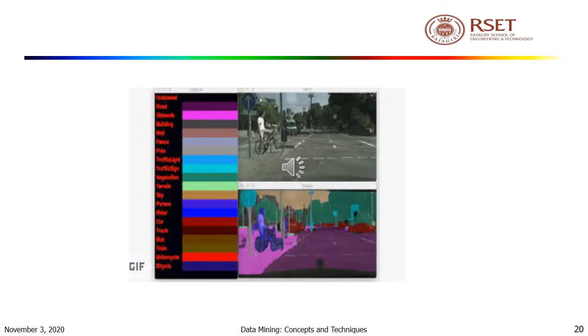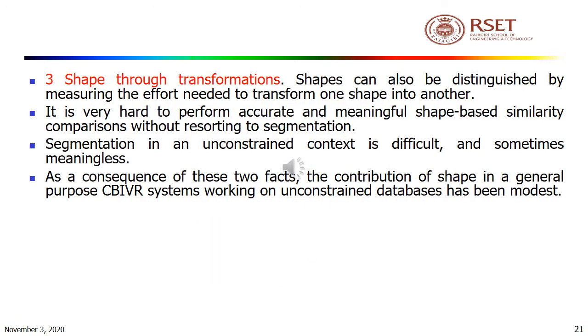In this slide you can see the segmentation part, called semantic segmentation, and after that we identify the different objects based on that semantic segmentation. The next method is called shape through transformation. Shapes can also be distinguished by measuring the effort needed to transform one shape into another.